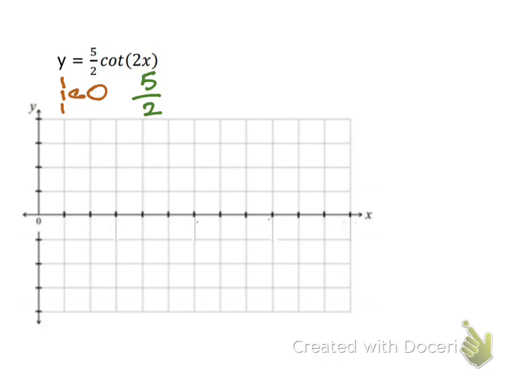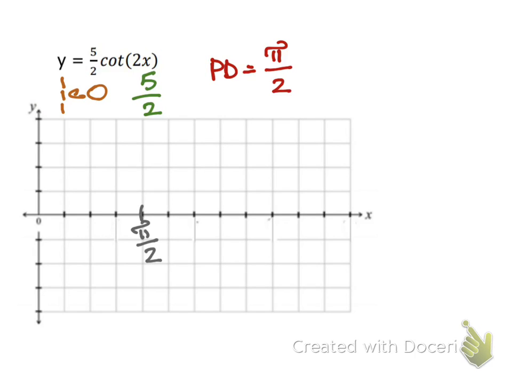And we have a period of pi over 2. So let's look at what we would do here. We need to look at the scale. The period's pi over 2. I would suggest we make 4 boxes pi over 2 so we can see what's happening.